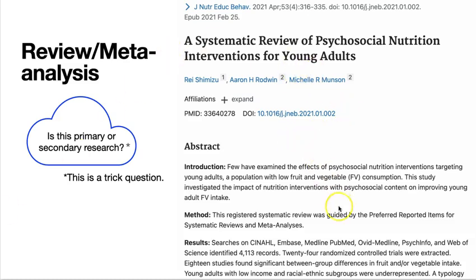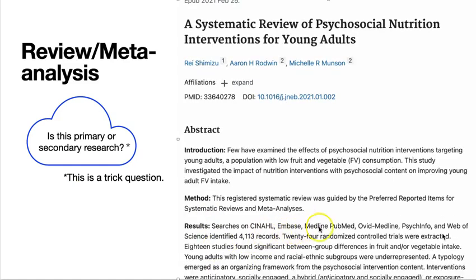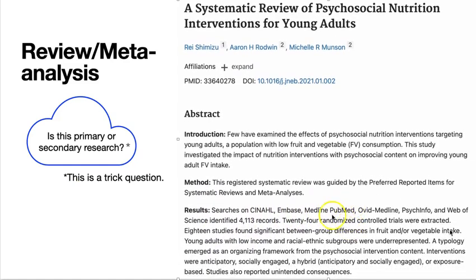So here we have a systematic review of psychosocial nutrition interventions for young adults. And so let's see what they did. They searched on these databases: CINAHL, Embase, Medline, PubMed, PsycInfo, Web of Science, and they found this many records. And then they tell you exactly what they did to select the journal articles that they're using to compile their data.